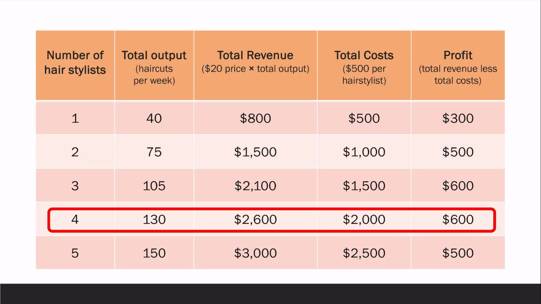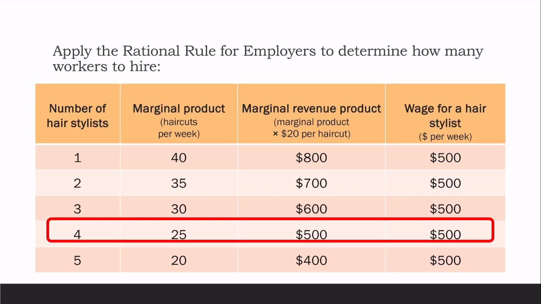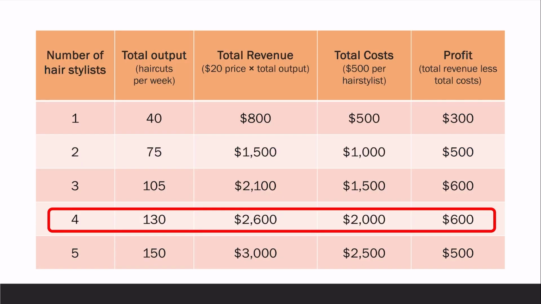The number of hairstylists is 4. Total output is 40, then 75 because 35 is added by the second one, and then 30 is added by the third one, making 105, and then we add the fourth, so it's 130. So we see here 130 haircuts.